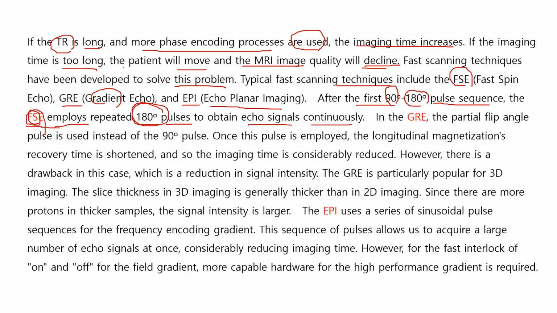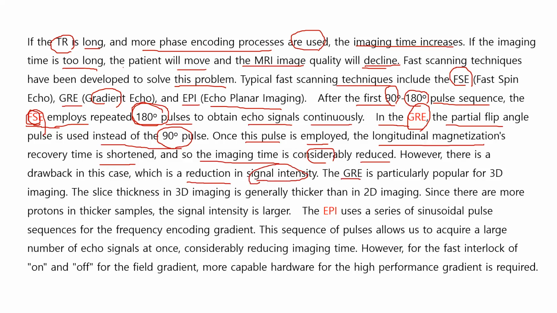On the other hand, in the GRE, a partial flip angle pulse is used instead of the 90 degree pulse. Once this pulse is employed, the longitudinal magnetization's recovery time is shortened, and so the imaging time is considerably reduced. However, there is a drawback in this case, which is reduction of signal intensity.